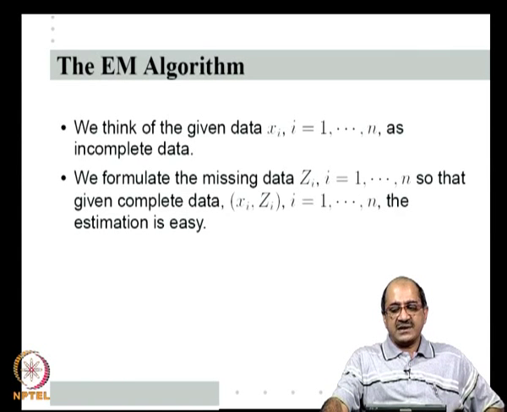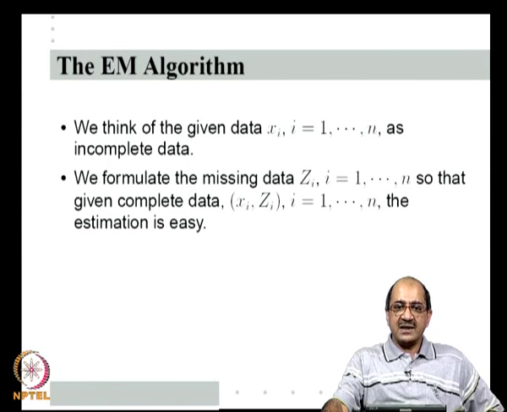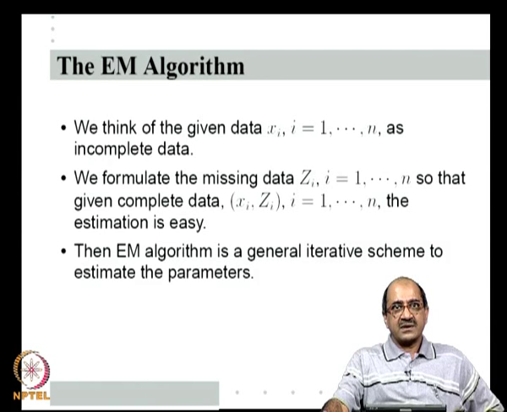Of course, we are not given zi, we are given only xi, but if we can formulate missing data zi like this, then we can think of it as an estimation problem, where if we are given xi, zi, we know how to estimate, but we are not given zi, can we still estimate?